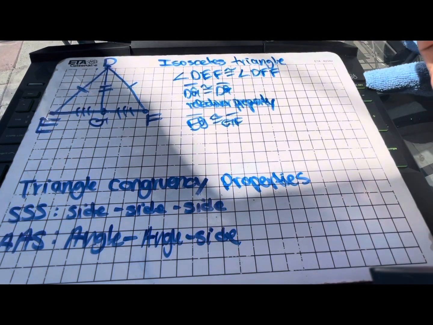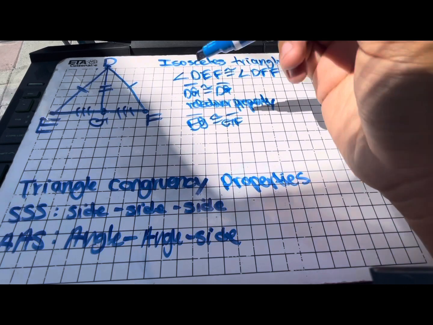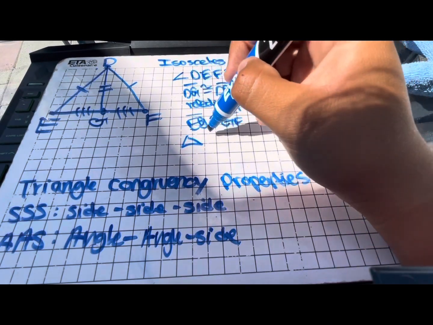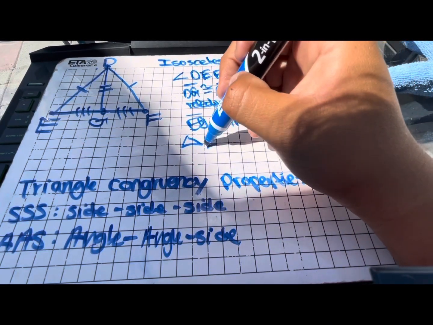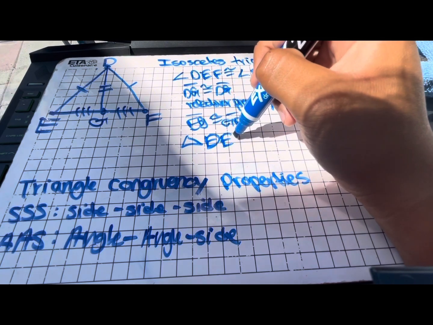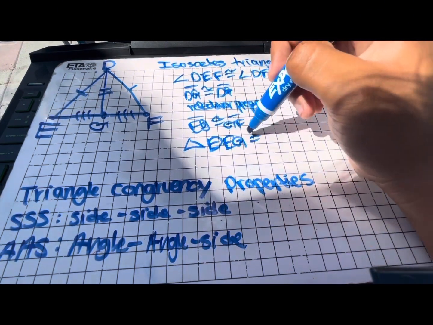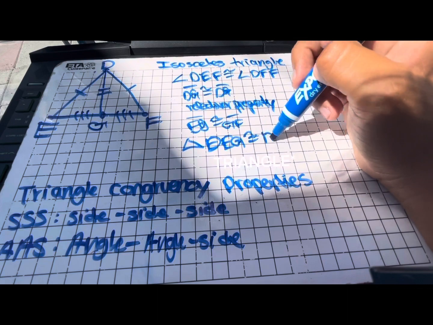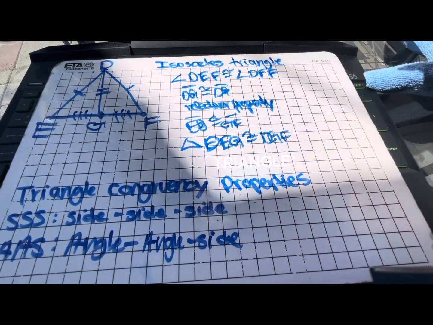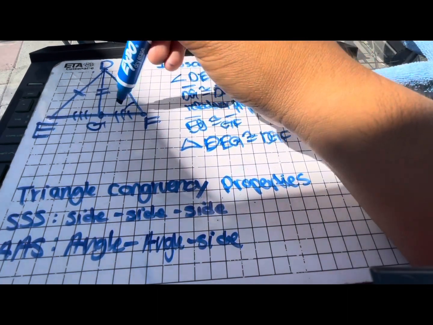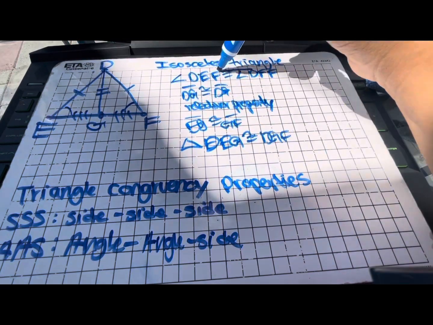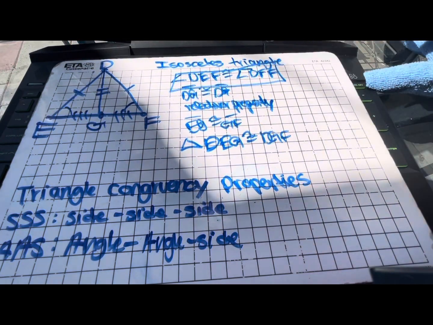Now that we know that triangle DEG is congruent to triangle DGF, we can now assume that the bases are also going to be congruent.